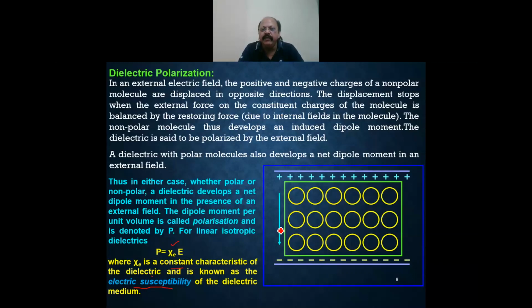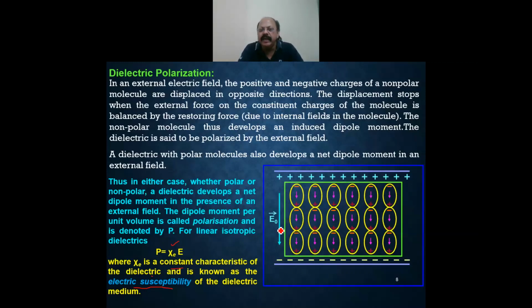But when the electric field is applied, you see that the electric dipole is developed, meaning positive and negative charges get separated. The negative charges drift towards the positive plate, and positive charges move away. Due to this, dipole moment per unit volume gets induced, which is known as dielectric polarization.